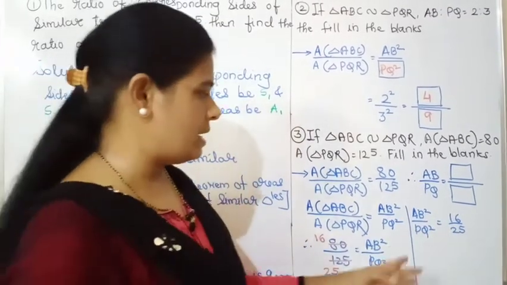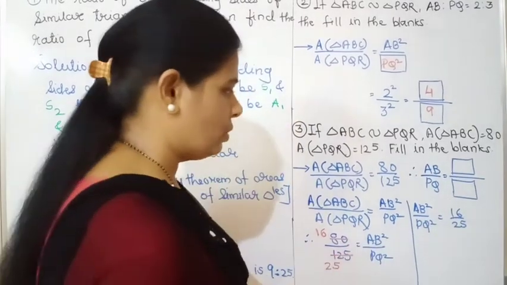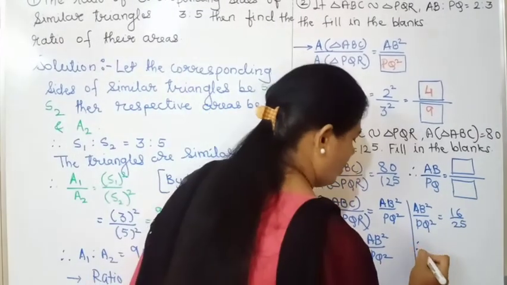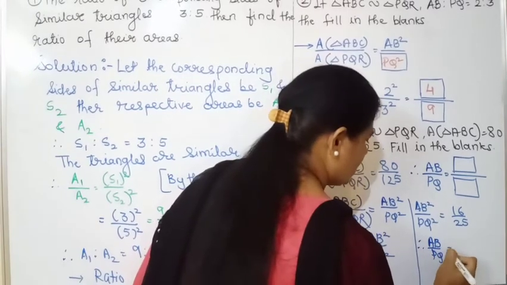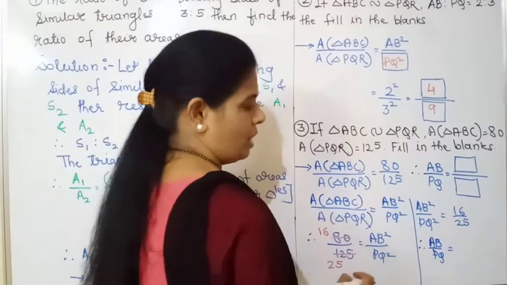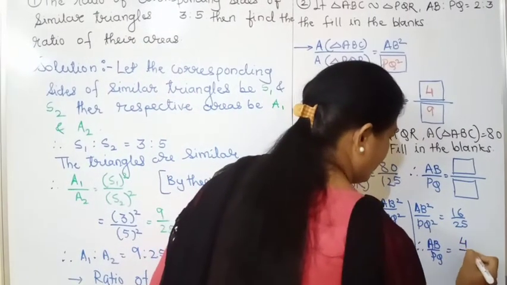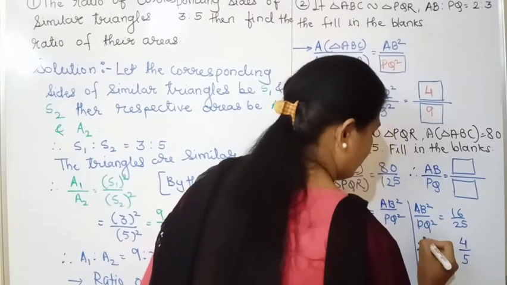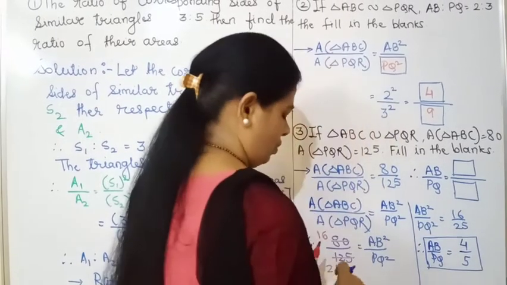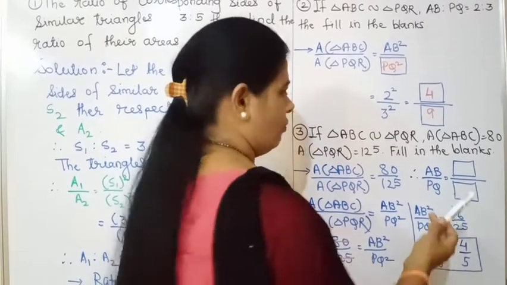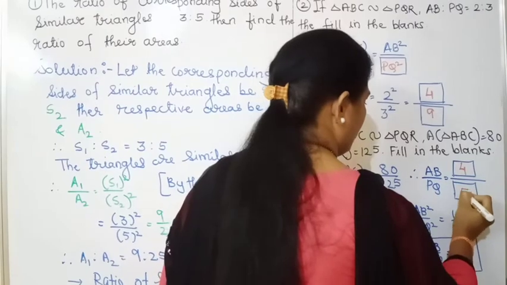Always remember, if we remove the square on one side, then on the other side we have to take the square root. So therefore AB upon PQ is equal to, we all know the square root of 16 is 4, and the square root of 25 is 5. So we have got the answer, AB upon PQ equal to 4 upon 5, and we'll fill the box here, that is 4 upon 5.